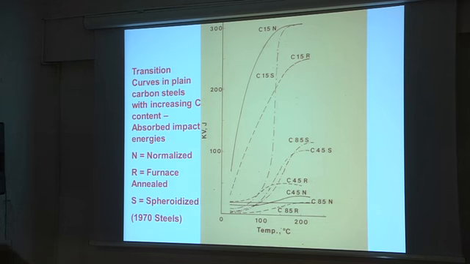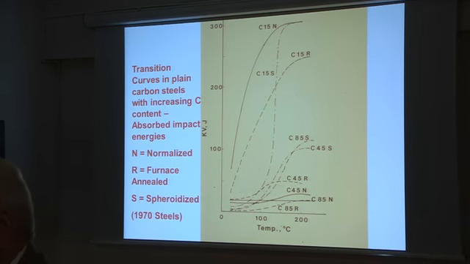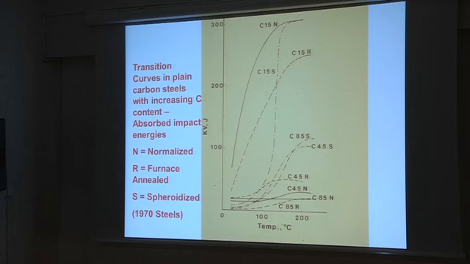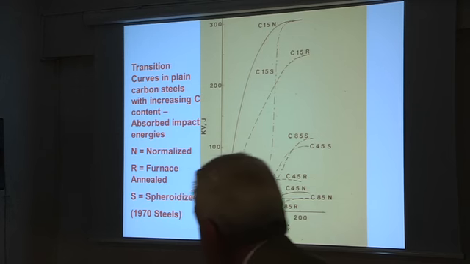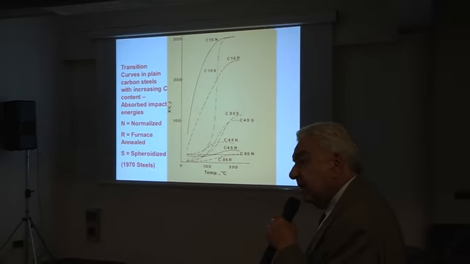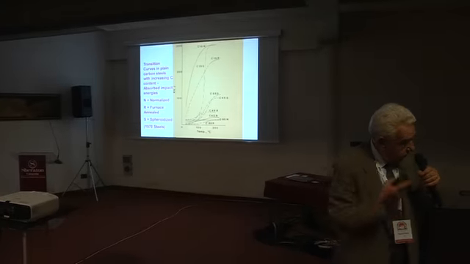Let us think of a very simple steel, a carbon steel, which may be a low carbon, 0.15 percent carbon, a medium carbon steel, 0.45, and finally a high carbon steel, a eutectoid steel, with carbon content in the vicinity of 0.85. They all show a variation of the fracture mode.